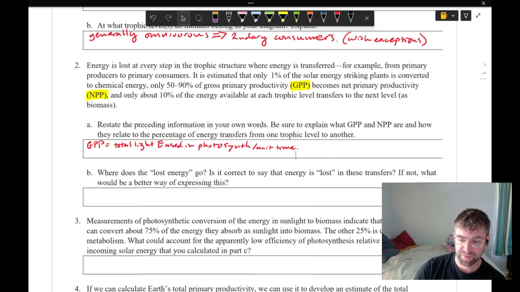It is usually expressed in joules per square meter per year.